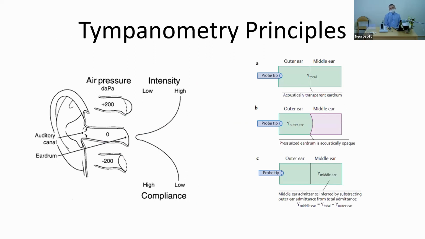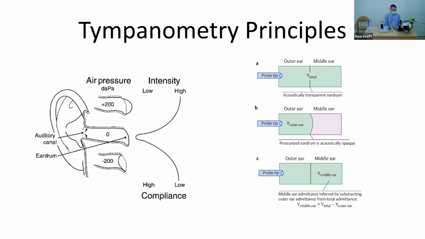Briefly, I will also describe the principle of the tympanometry test. You can see the sealed ear canal on the left picture. When we apply the air pressure plus 200 daPa, then in the middle there is the ear canal at 0 daPa, at ambient pressure. In this case, the eardrum is relaxed. In the case of additional air pressure, it is tense, and also in the case of reduced pressure, it becomes tense, but in another direction.